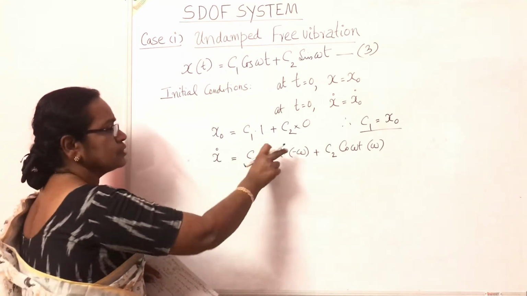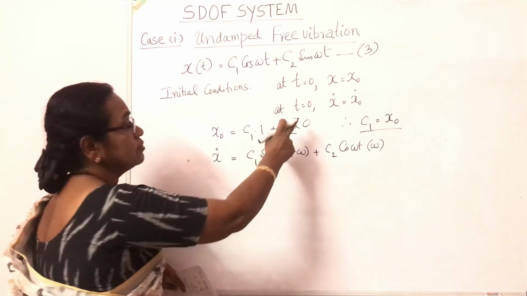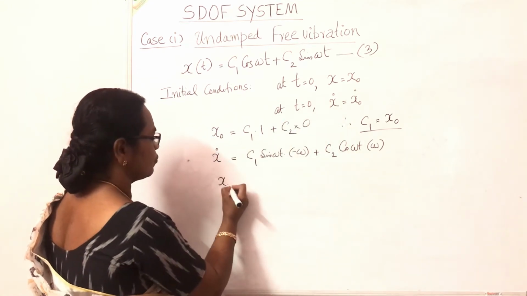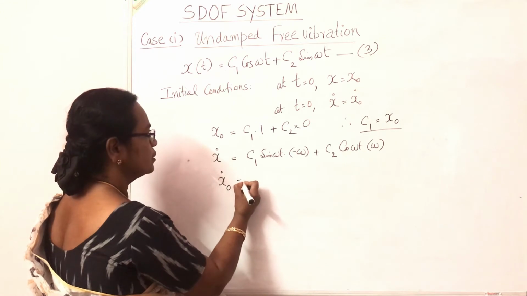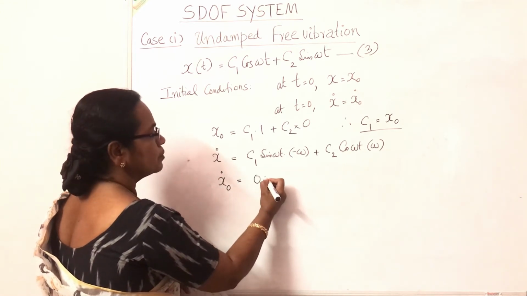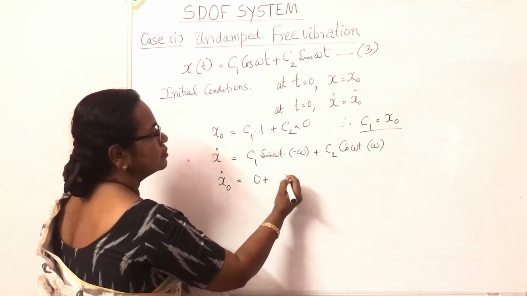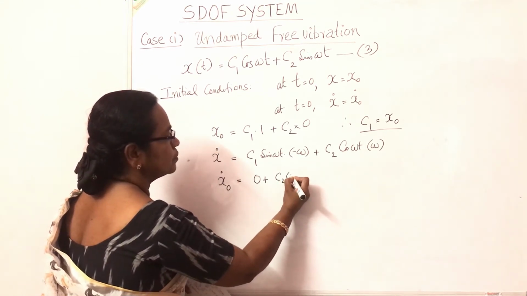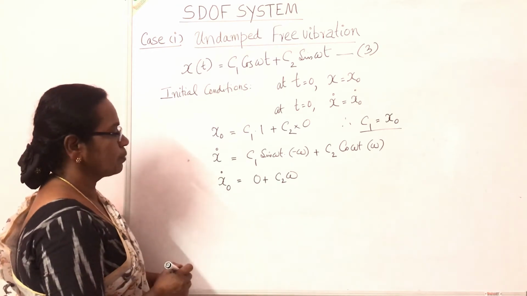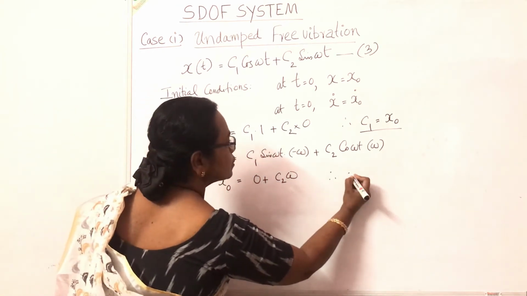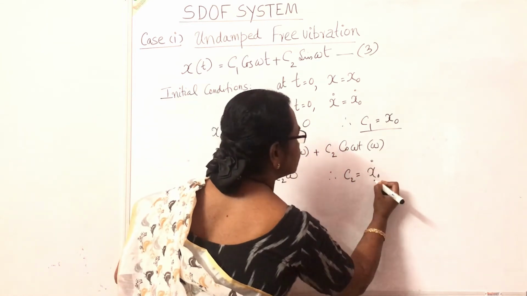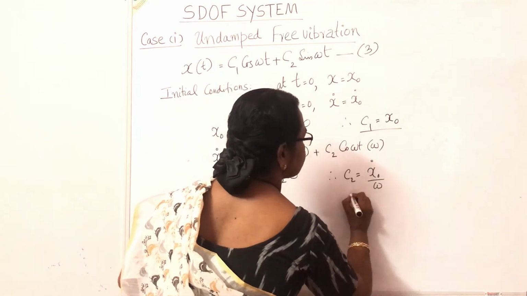Now put t is equal to 0 in this expression. At t is equal to 0, the value of x dash is x0 dash. Putting t is equal to 0, sin 0 is 0, plus C2 omega, since cos 0 is 1. From that we get the constant of integration C2 is equal to x0 dash by omega.